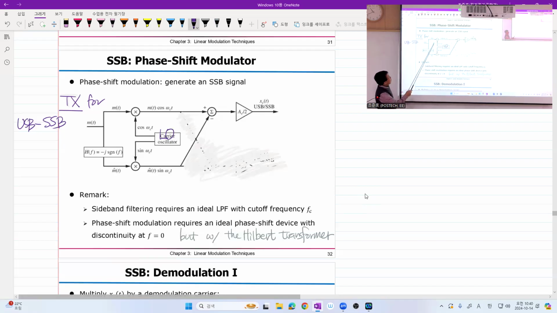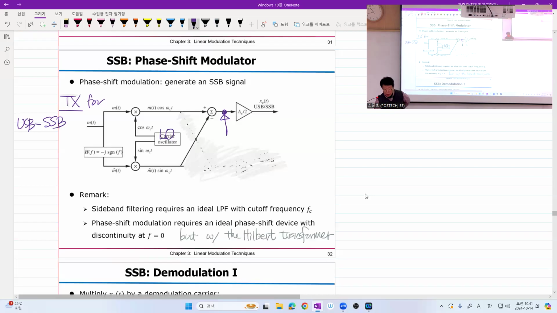And what you do is that you multiply. You have a mixer that mixes this cosine carrier with the original message, and you have another mixer that multiplies the sine carrier with the Hilbert transform of the message. Now, what you do is that you subtract the lower branch output. And what is this signal?